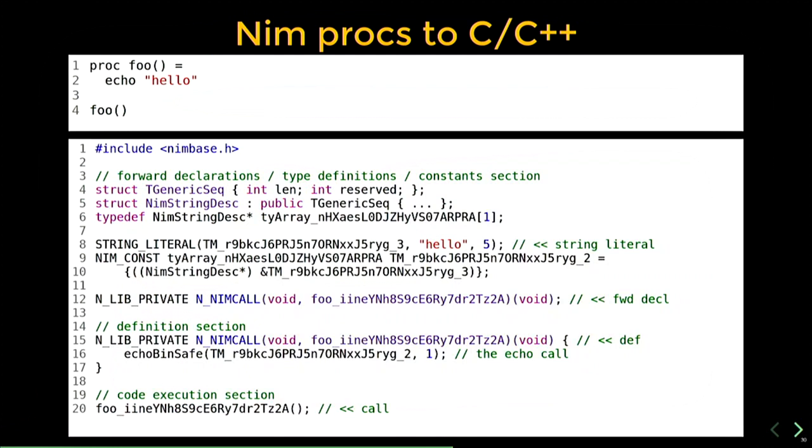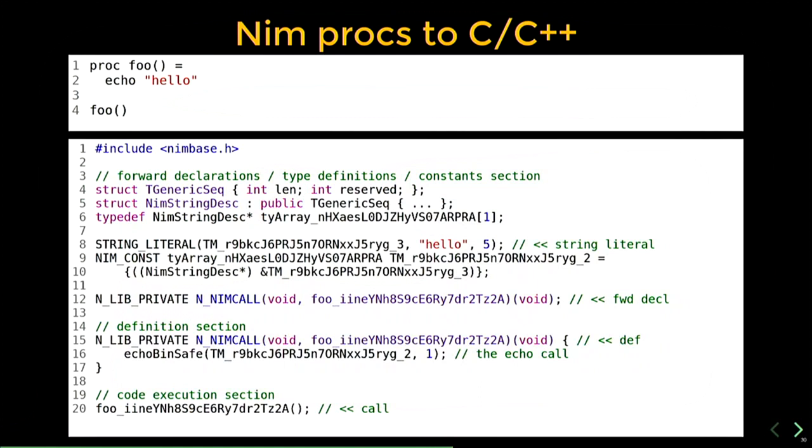Next, there are some type definitions. After that, we have forward declarations of whatever is necessary, both within this translation unit and if it's coming from somewhere else. After that come the definitions of the actual functions which are defined in this source file. And only at the end we have the initialization code which is being done at program startup.